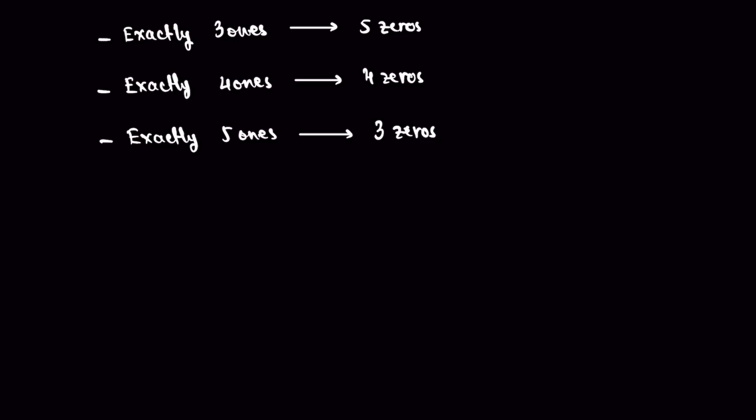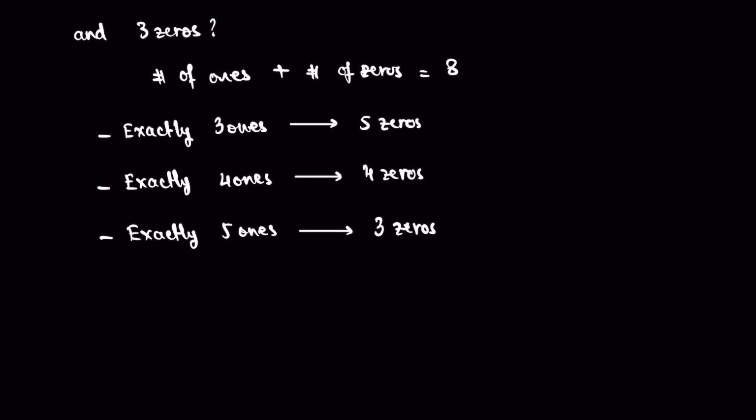So for the first case, the combination should be C(8, 3). The second scenario is C(8, 4). And the last scenario, you have C(8, 5). So the question is, why don't we do 5 zeros, and then 4 zeros and 3 zeros, right?